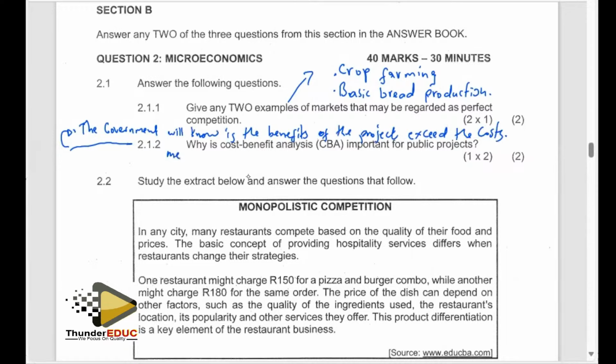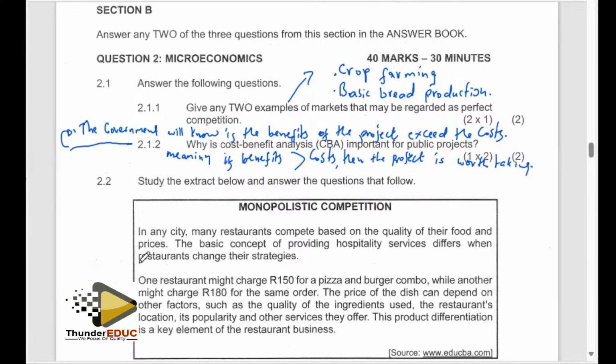So meaning if benefits are greater than costs, then the project is worth taking. Okay, right. We are saying that the government will know if the benefits of the project exceeds the costs. Meaning if benefits are greater than costs, then the project is worth taking.